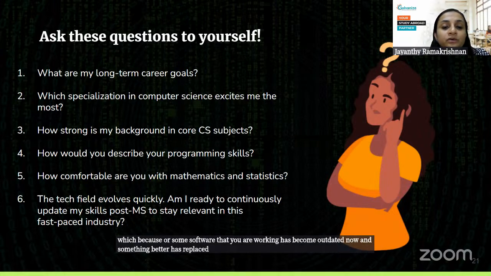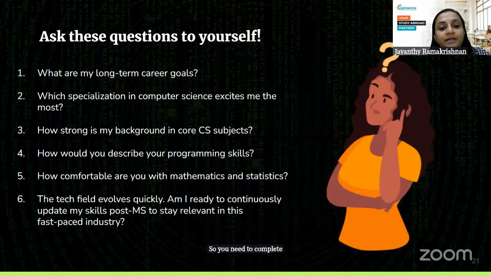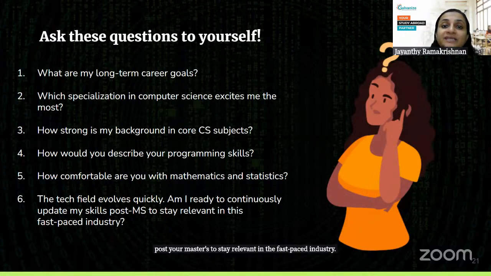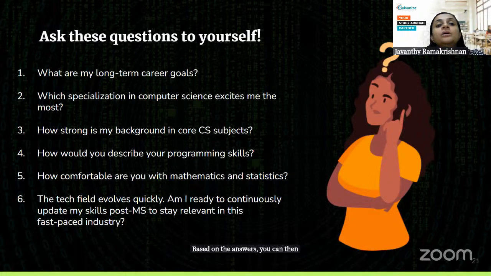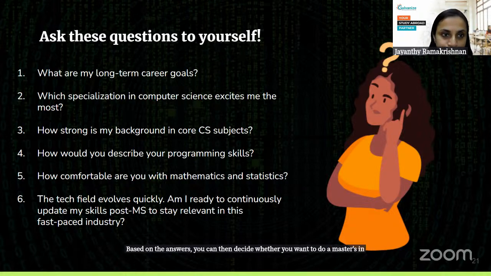So you need to continuously update your skills, post your master's, to stay relevant in the fast-paced industry. Is this something that you are ready to do lifelong? So only then, once you have had answers to all these questions, based on the answers, you can then decide whether you want to do a master's in computer science or not.